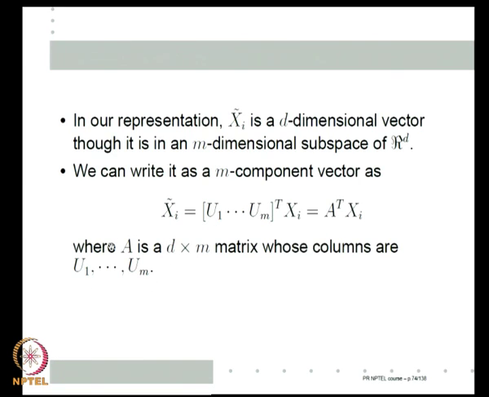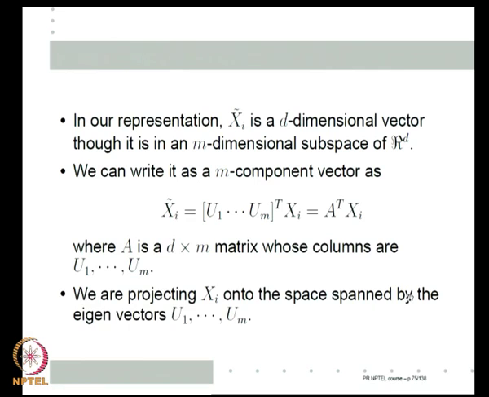So, you make a matrix whose columns are the eigenvectors, you take as many as you want, and write xi tilde as A transpose xi, where xi is the original data. That is the lower dimensional representation of x. It is in this sense that it is a linear transform. Essentially you are projecting xi onto the space spanned by the eigenvectors u1 to um.